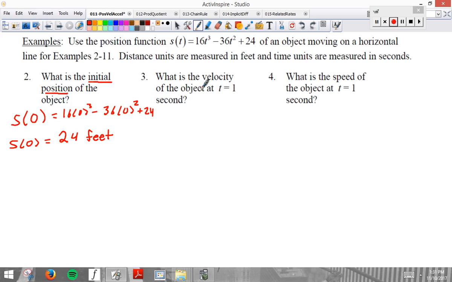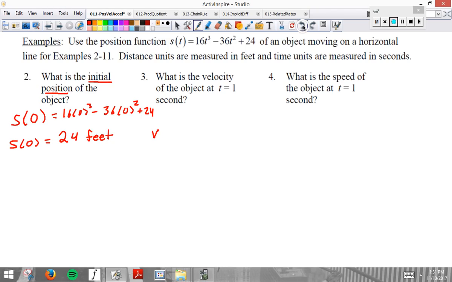What is the velocity of the object at t equals 1 second? Well, to find the velocity of the object, we're first going to have to find the derivative of position. And the derivative of position will be velocity because we're going to find how that position is changing, which is exactly what velocity is.